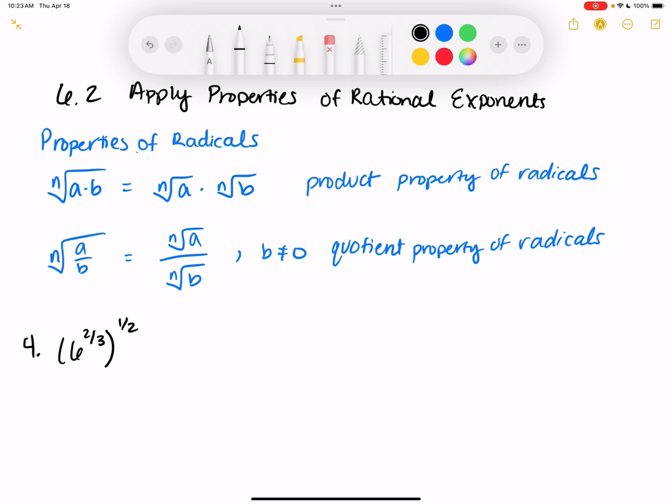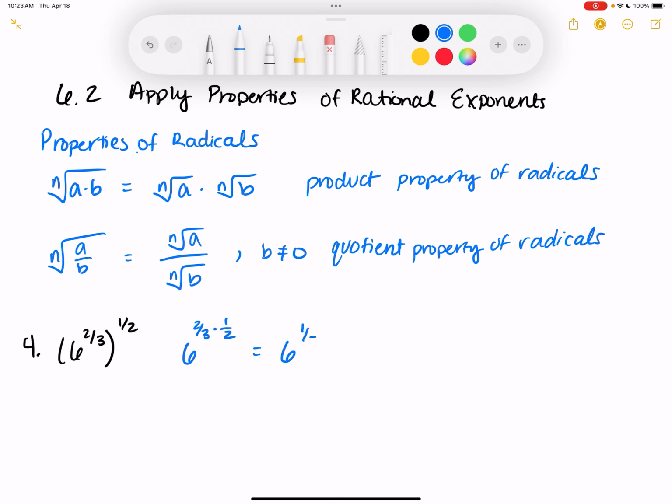When we have a power raised to a power, what do we do? Yep, we're going to multiply the powers. So that will be 6 to the 2/3 times 1/2, which gives us 6 to the 1/3.